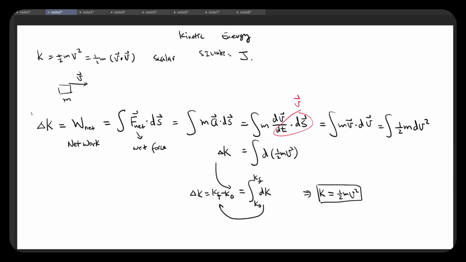Now, the equation that we wrote down here is called the work energy theorem. In some textbooks, it's also called the work kinetic energy theorem.